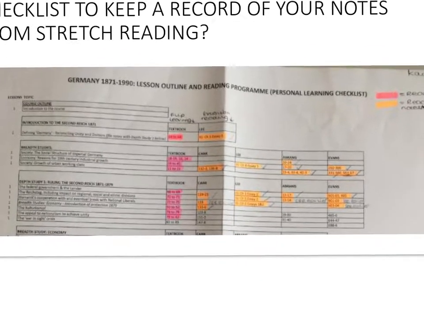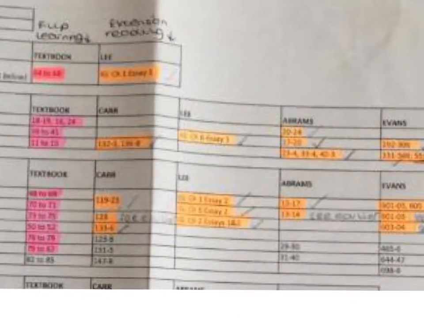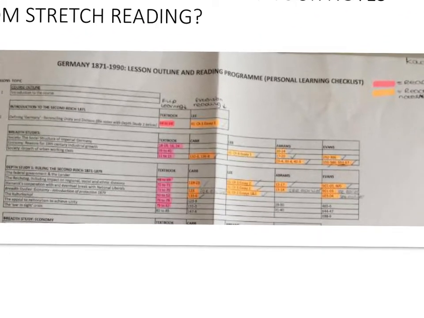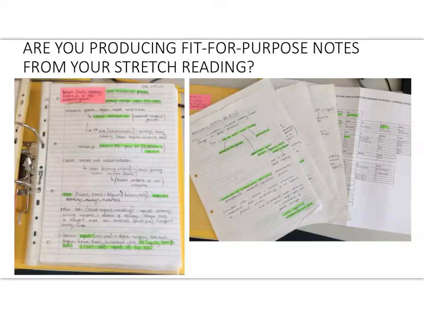Are you using that checklist to tick off your additional reading and notes, your supercurricular tasks? Because remember, it's the supercurricular reading, from Carr and Lee and Evans, etc., that deepens your understanding and really puts the information into your long-term memory. Are you producing fit-for-purpose notes from this stretch reading?